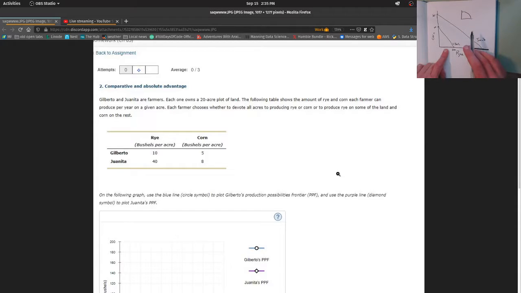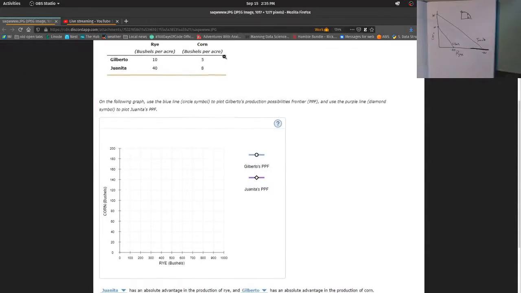And if he decides to start cutting back on rye initially, he gets a lot more corn because he takes land that should have been growing corn anyways and moves it to corn. But by the end, to get a little bit more corn, he has to use his prime rye land, and as a result gets very little extra corn despite giving up a lot of rye. That's more realistic. Here we're dealing with this.